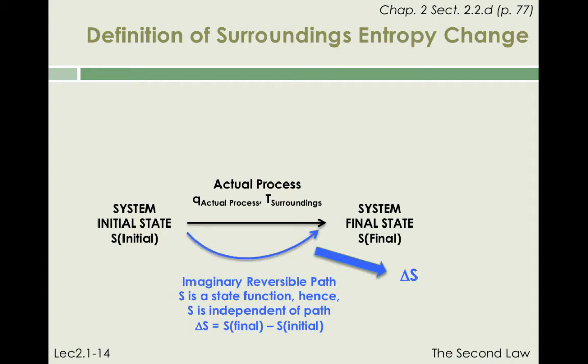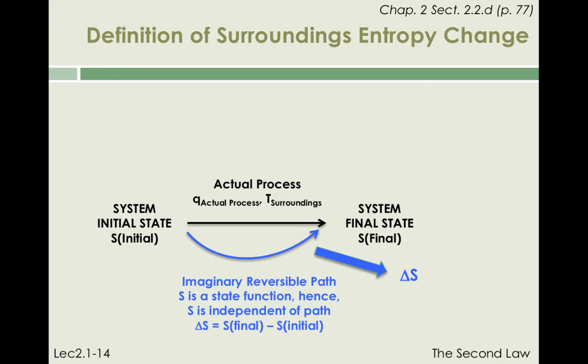We will imagine a reversible path that starts in the same state I as the actual path and ends up in the same state F as the actual path. The change in entropy for the system for the actual path is delta S equals S_F minus S_I, and is the same as for the imaginary path because the entropy is a state function.